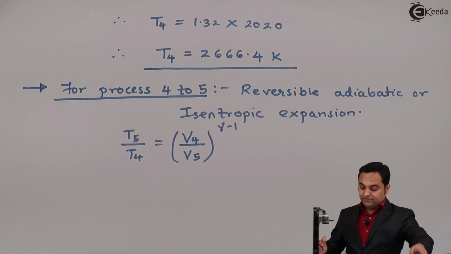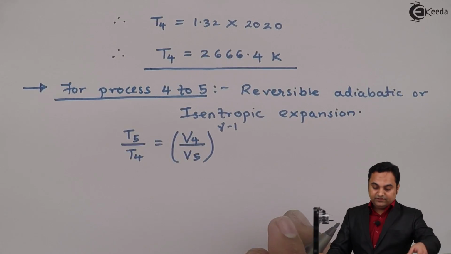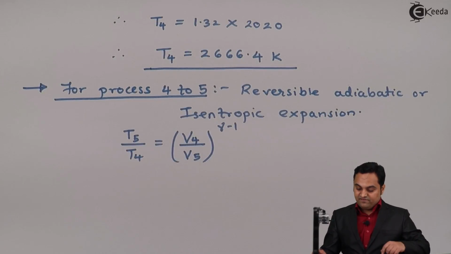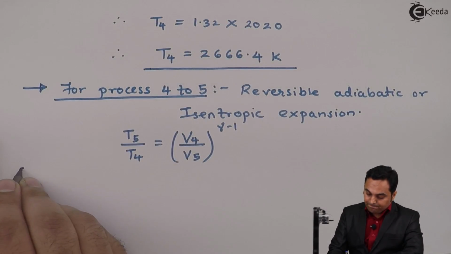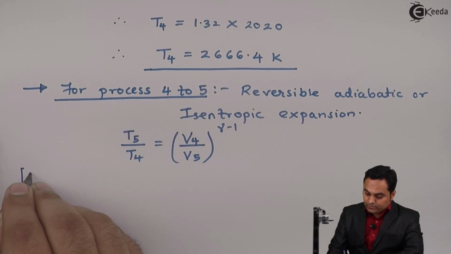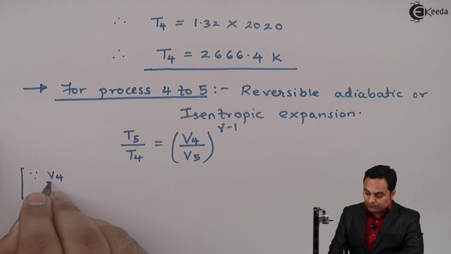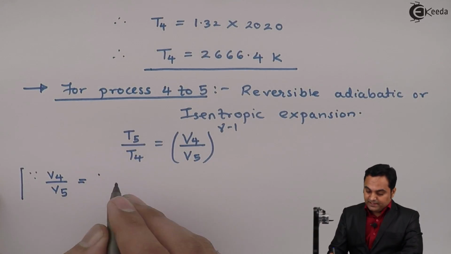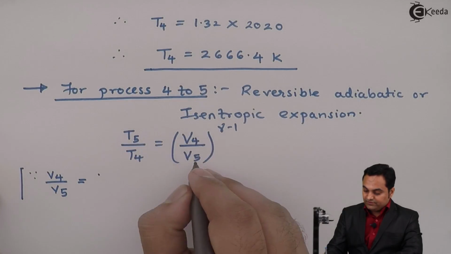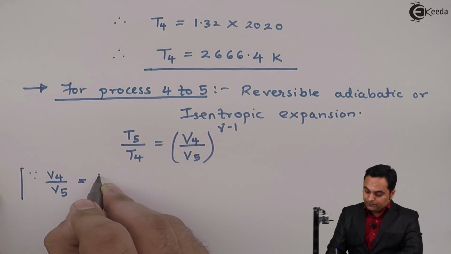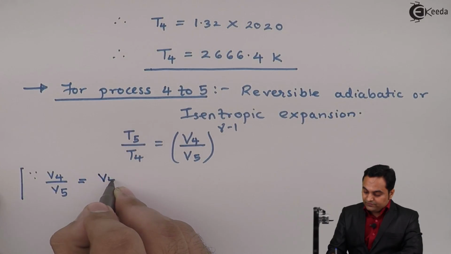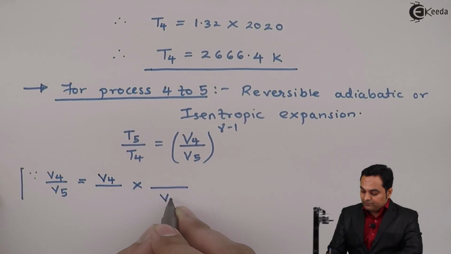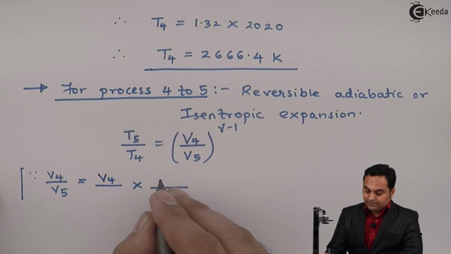Now I'll explain this small concept of V4 by V5. Since it is V4 by V5, I'll keep them as it is, that is V4 here, and V5 there, multiplying and dividing by V2.